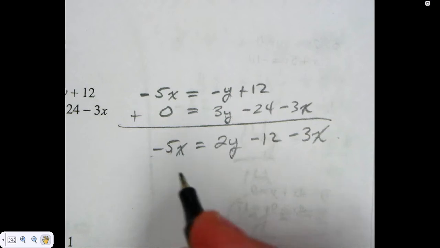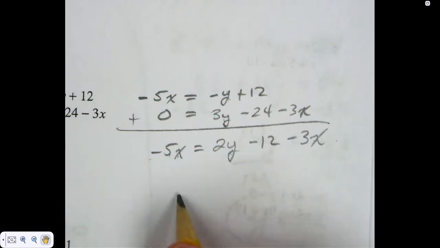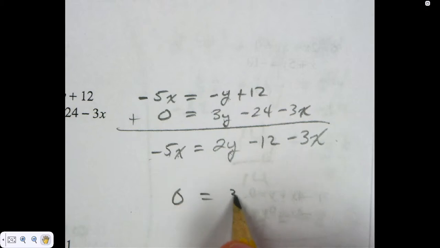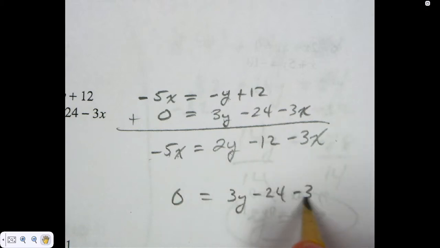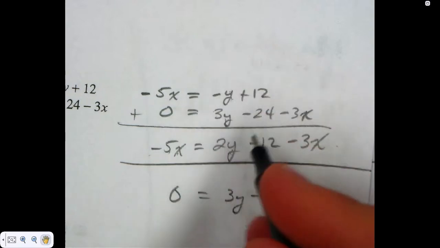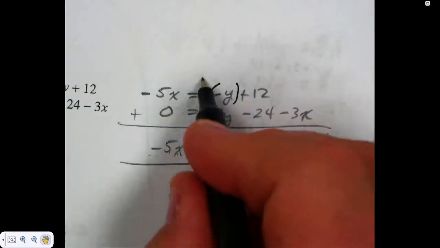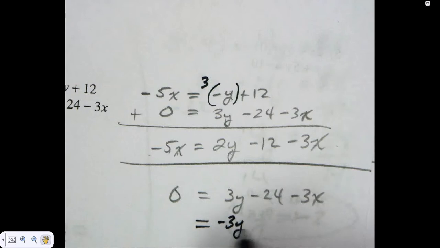So what you guys are saying is leave the bottom the same, 0 equal to 3y minus 24 minus 3x, okay? And you want me to change the top one, right? And you're saying if I multiply that by 3, I'd get negative 3y here, wouldn't I? Would they then add to 0? They would, wouldn't they?